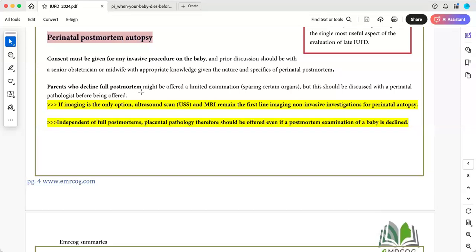Parents who decline full postmortem examination might be offered a limited examination, like sparing certain organs, but this should be discussed with the perinatal pathologist before being offered, okay? If imaging is the only option, meaning that the parents did not sign for the perinatal postmortem autopsy, then in this case, ultrasound and MRI remain the first line non-invasive imaging investigation in place of perinatal autopsy.